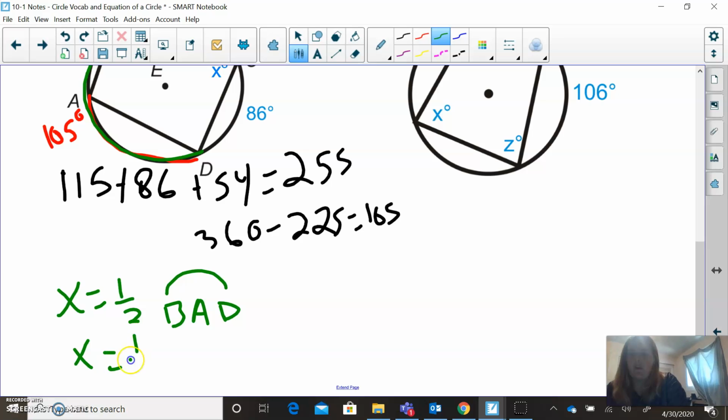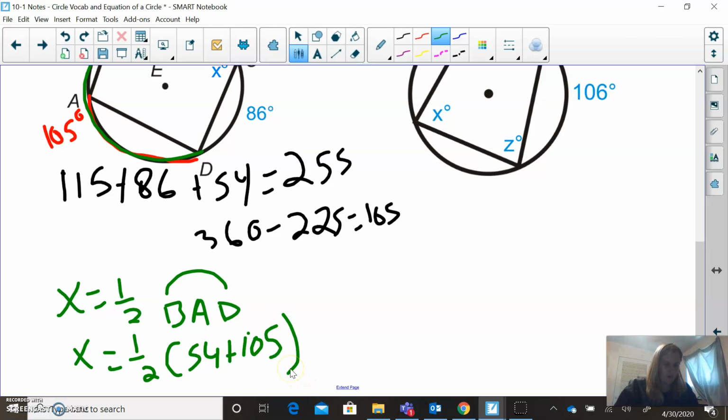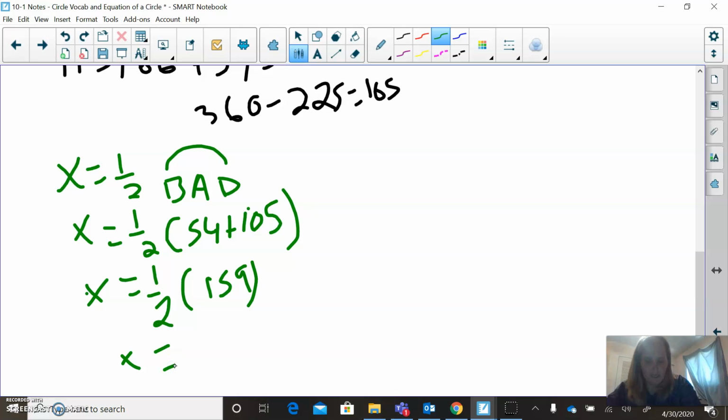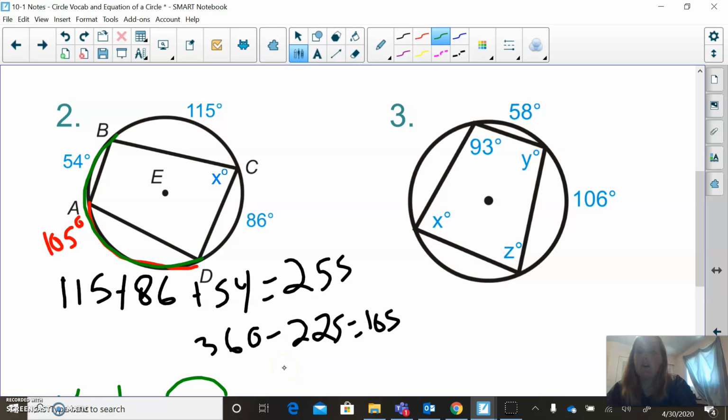So x equals 1/2 of 54 plus 105. So x is equal to 1/2 of 54 plus 105, which is 159. And then 159 divided by 2 is equal to 79.5. So that means x is 79.5 degrees.